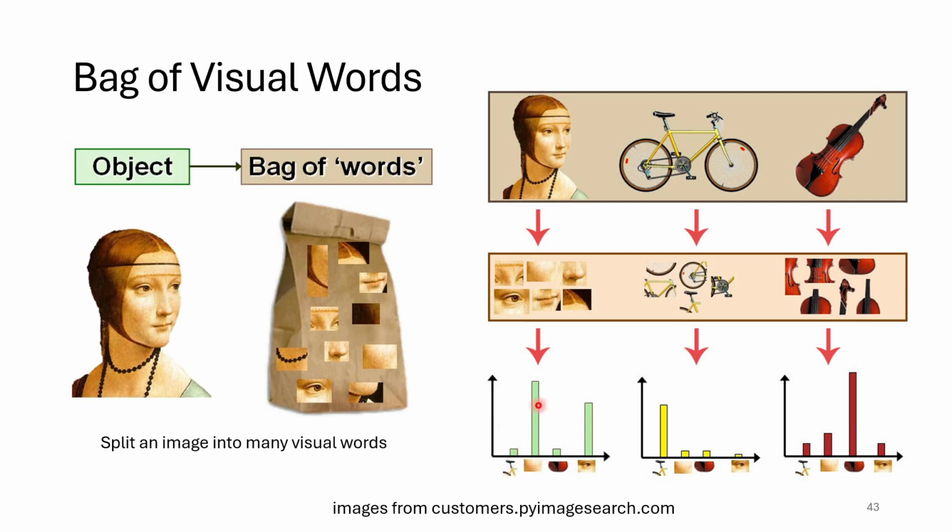So there is a distribution of those features. For a bike, there should be some wheels, some rack, something like this. So it will become another distribution. For a violin, again, there should be some. So by comparing those distributions, we classify the image.